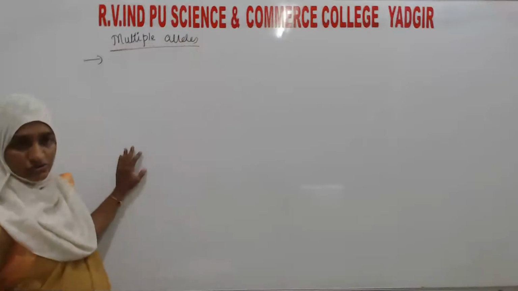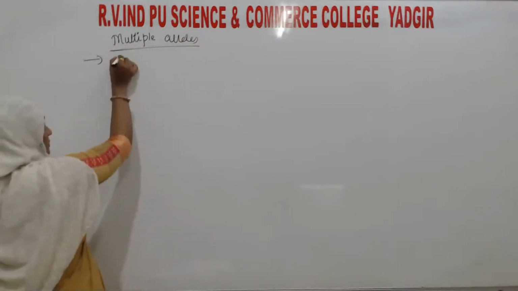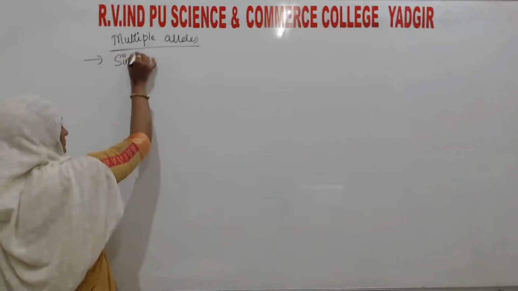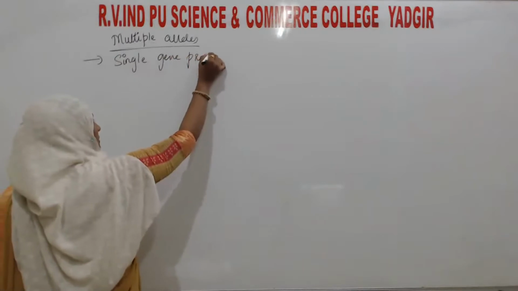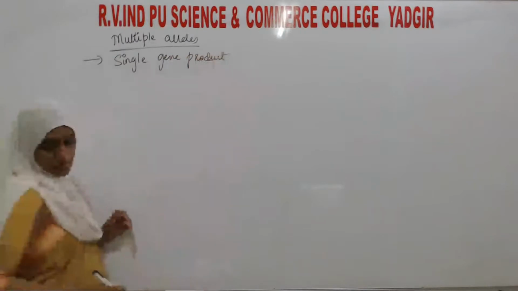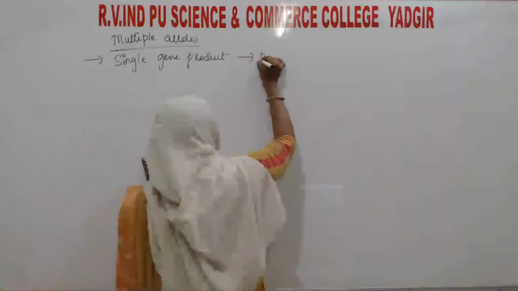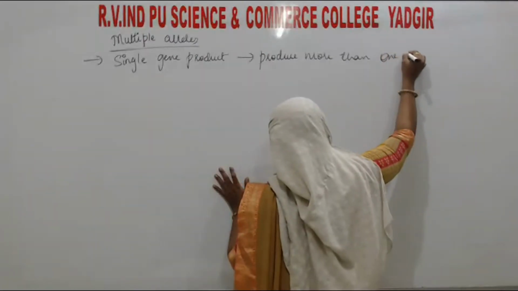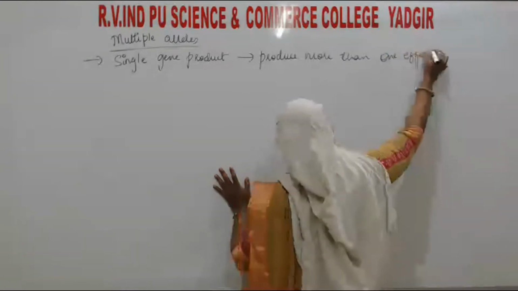What they are trying to say here is that a single gene product may produce more than one effector.